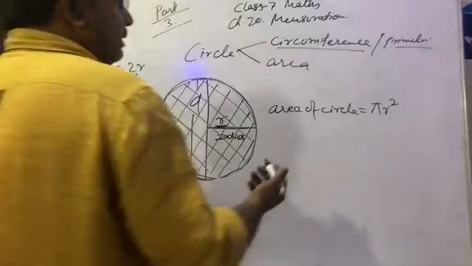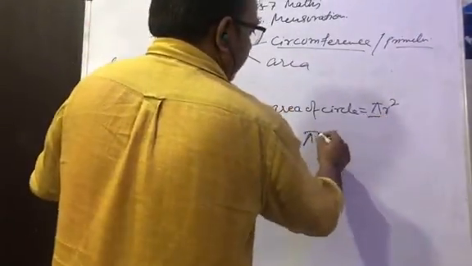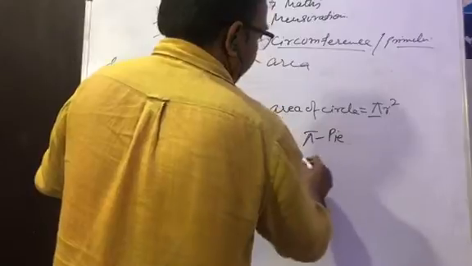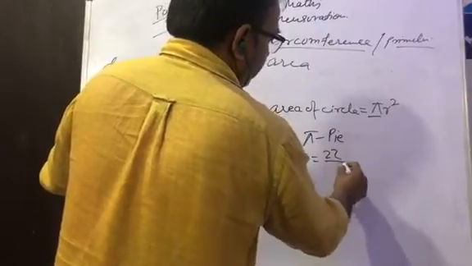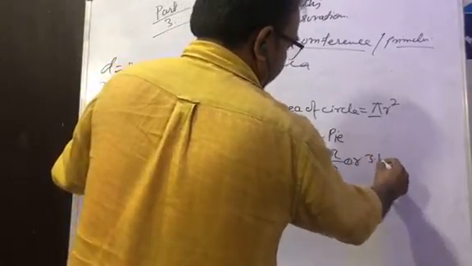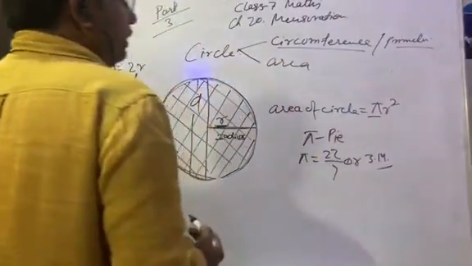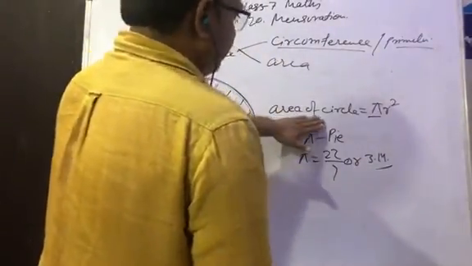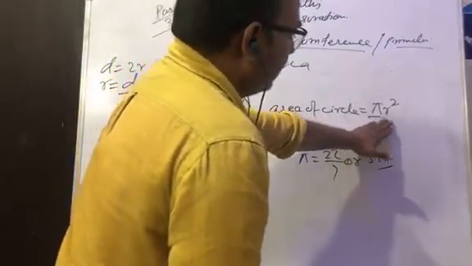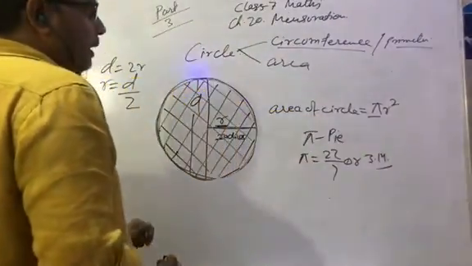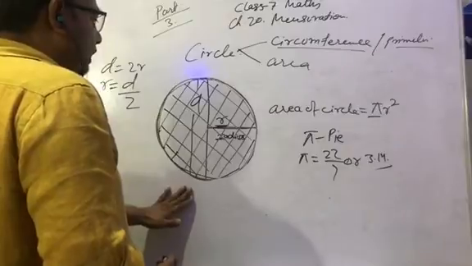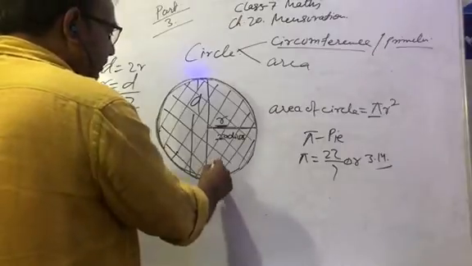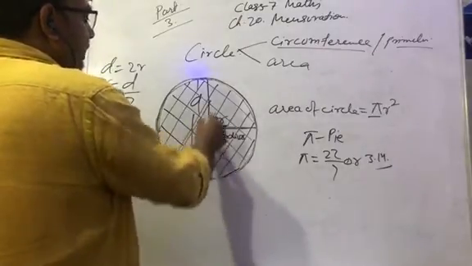Clear? Means pi, you know that this is pi, and the value for pi is 22 upon 7 or 3.14, that is given in the question, or you can use your own. So area of a circle is equal to pi r square. Clear? And the area is basically the space enclosed within a circle.